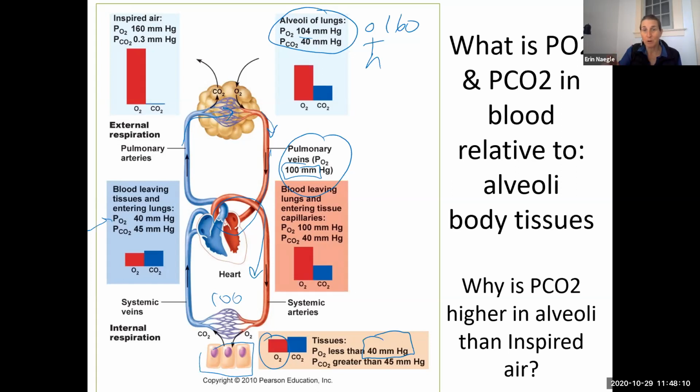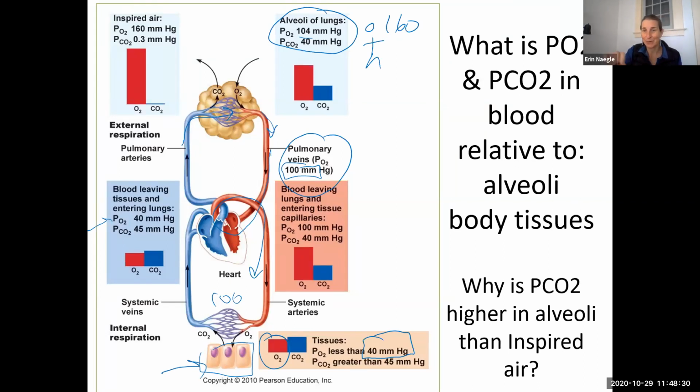And the same will be true of carbon dioxide. Where is carbon dioxide the highest in this diagram? Take a moment there. And does it make sense that that's where it's the highest? Yes, it's greatest in your tissues where it's being produced.